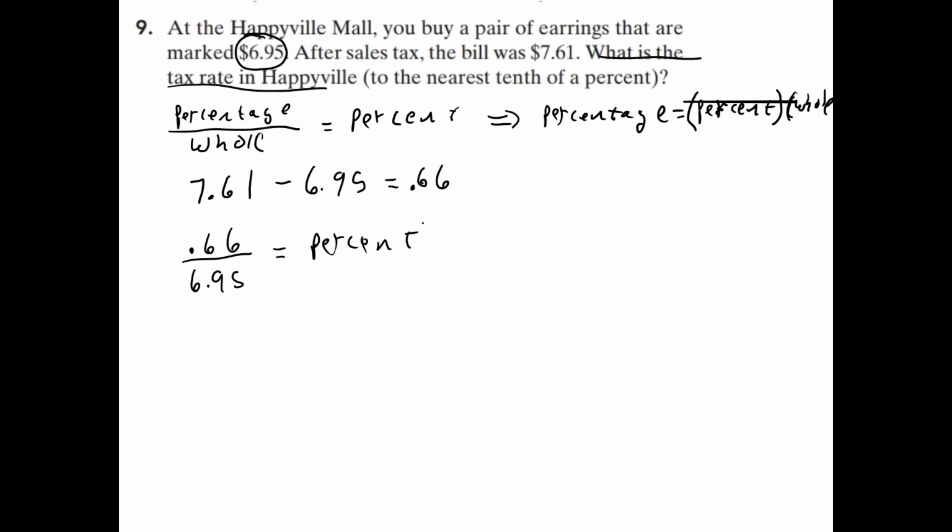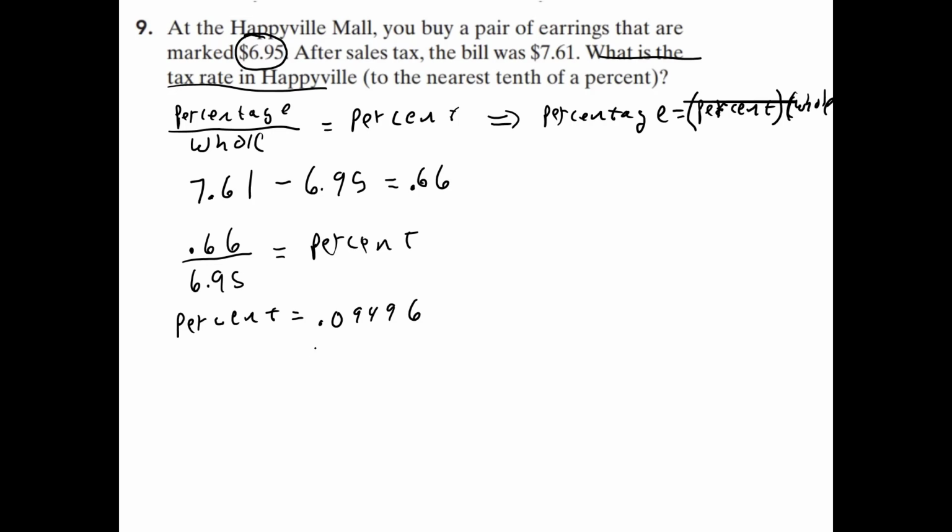All of this arithmetic can be done using your calculator. And what my calculator tells me is that the percent will equal 0.09496. But we want it to the nearest tenth of a percent, right?